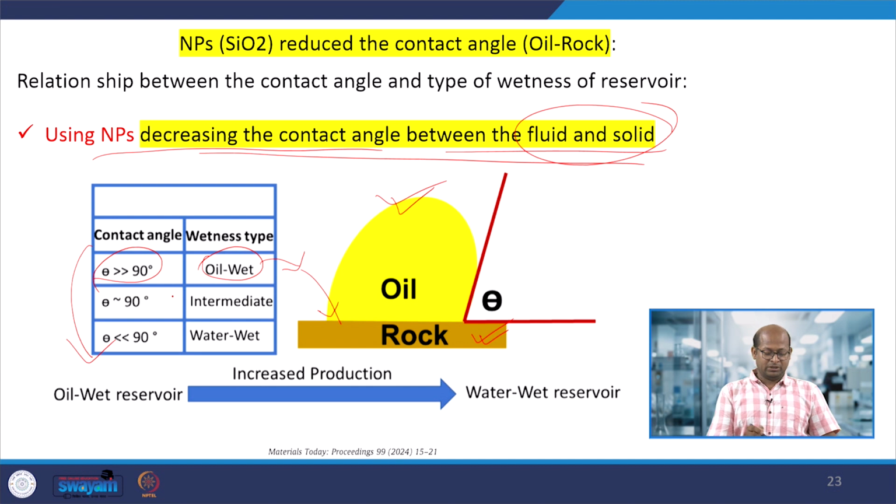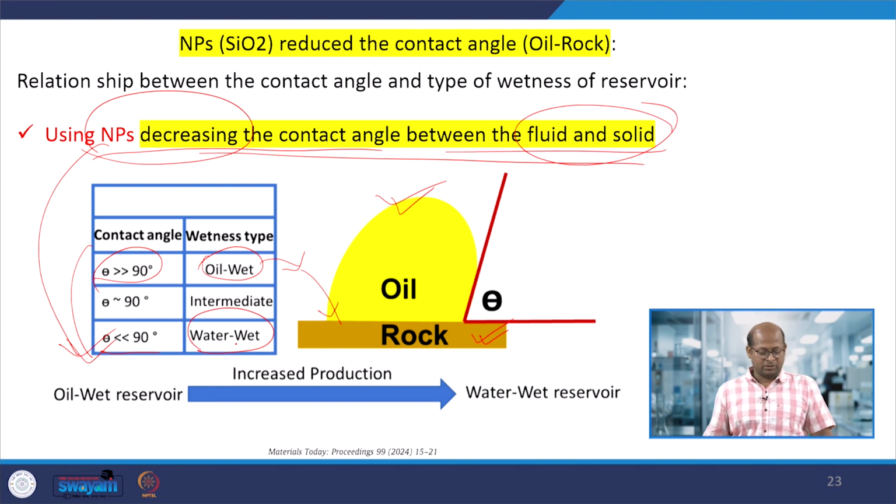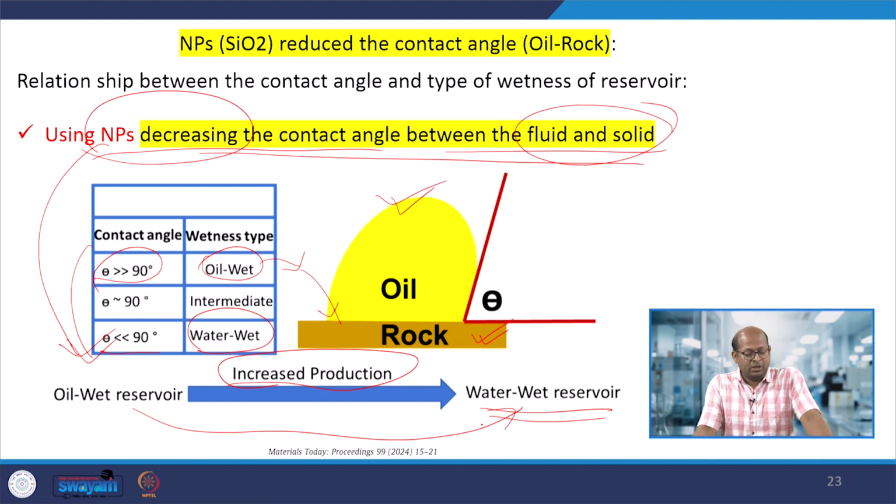If we increase the concentration of nanoparticles, it decreases the contact angle and then water wets the rock instead of oil. This increases oil production, turning an oil-wet reservoir into a water-wet reservoir. So by using nanoparticles or nanofluids, surfactants, and nanopolymers, we can enhance the oil production rate.